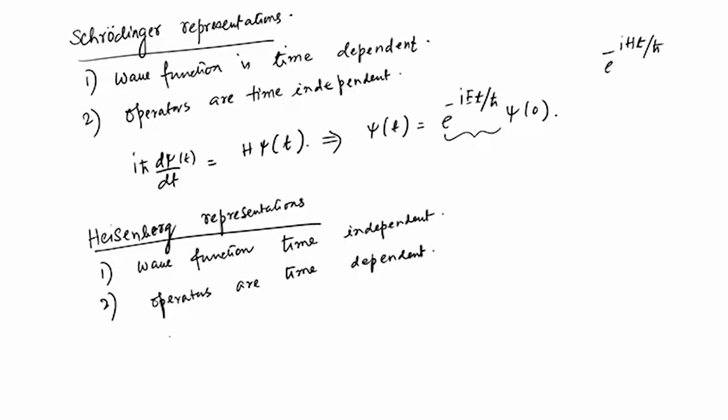Okay. And the time dependence of the operators is written in this particular fashion. It is exponential i H t over h cross O at 0. O is any arbitrary operator. It is exponential minus i H t by h cross, and so on.